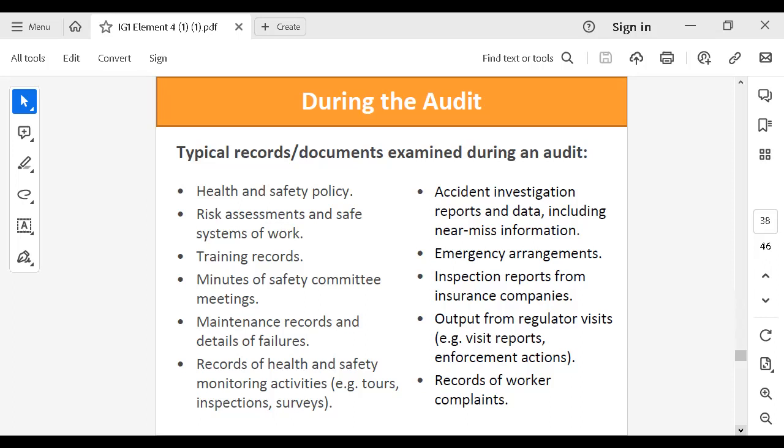Output from regulator visits or visitors, reports from enforcement actions, records of worker complaints. So these are the documents the auditor will check during the audits.